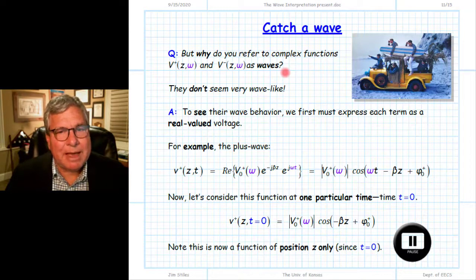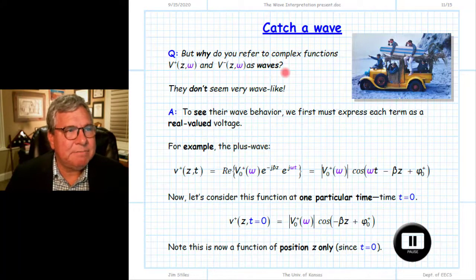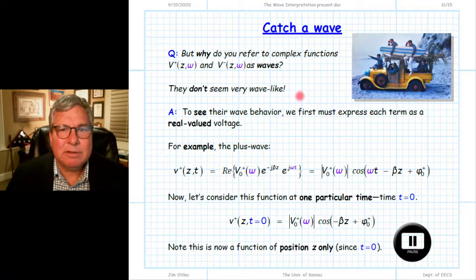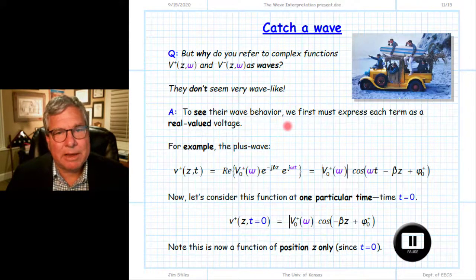We can determine the magnitude and relative phase of the sinusoidal oscillation at each location on the transmission line from their results, but there's nothing inherently in those results that would tell us that there's a wave propagating along our transmission line.